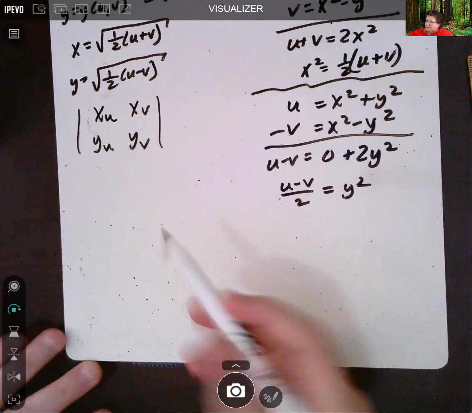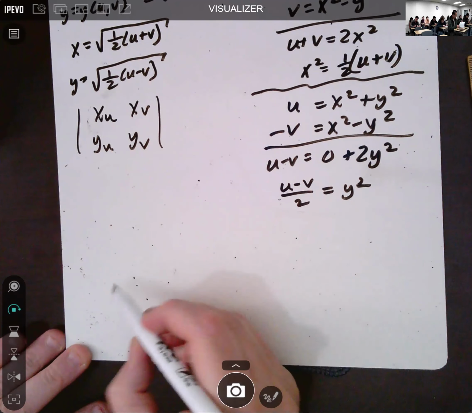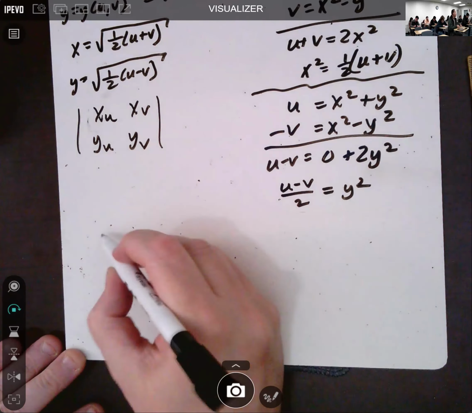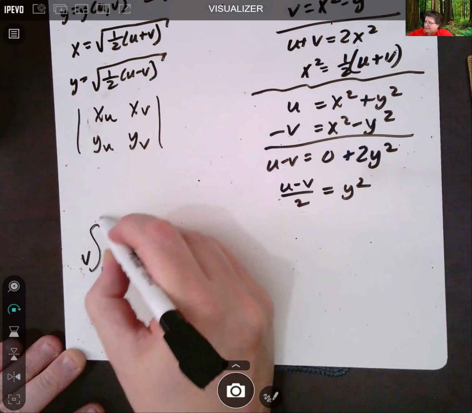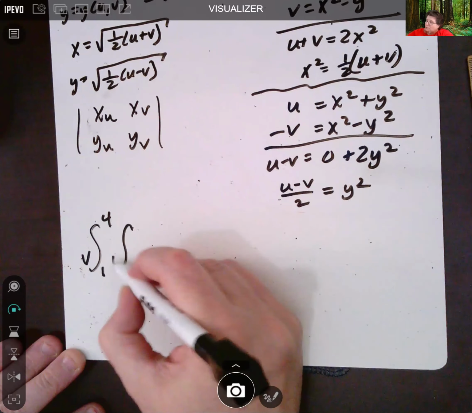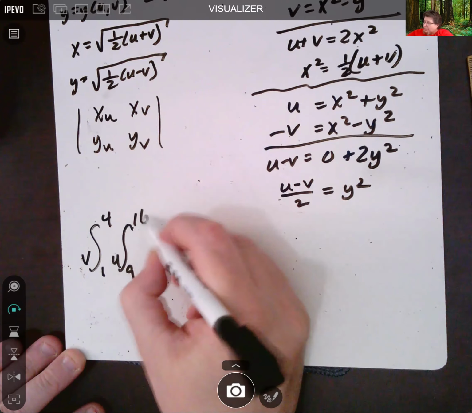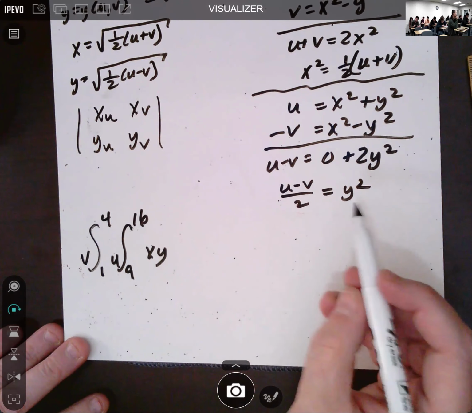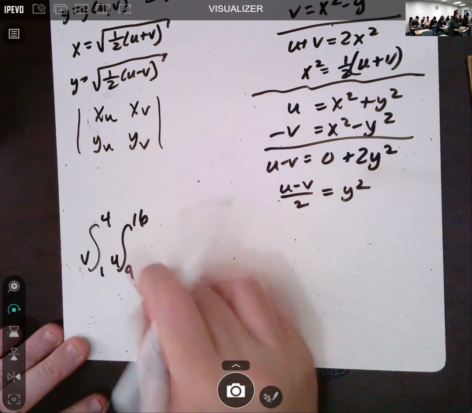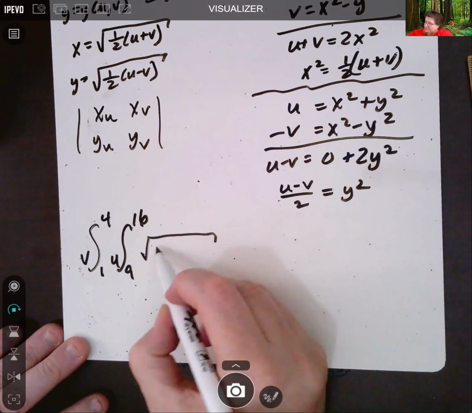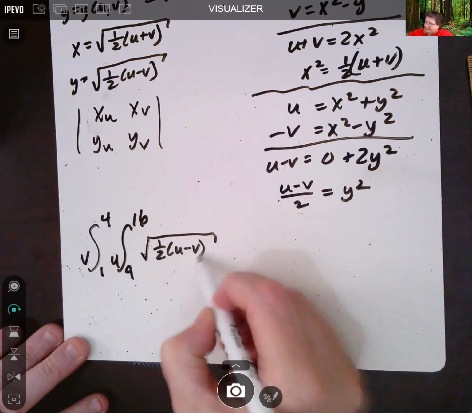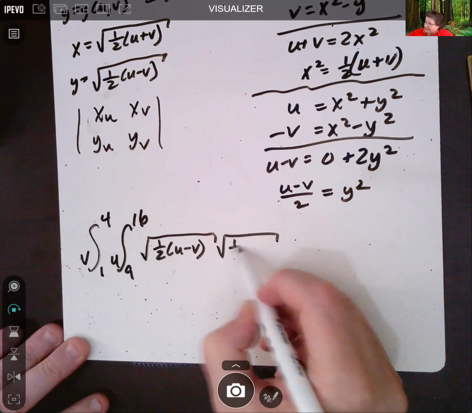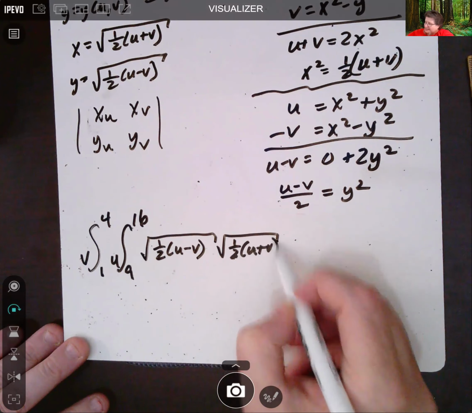So when you get down to the final integral, v will go from 1 to 4, u will go from 9 to 16. We will have our xy, which is ugly: 1/2 (u minus v) times 1/2 (u plus v). That's ugly. I don't know that I like it. Actually, that goes together.